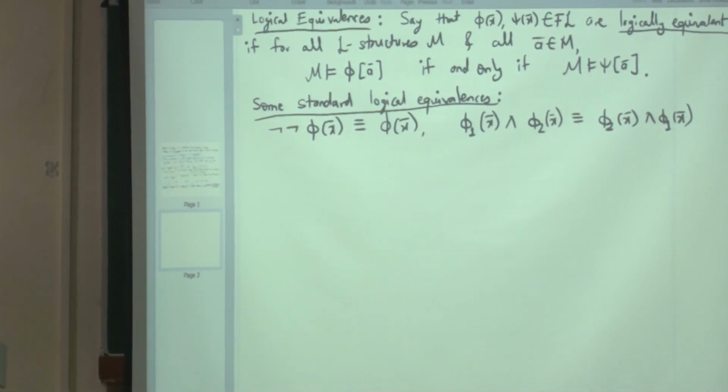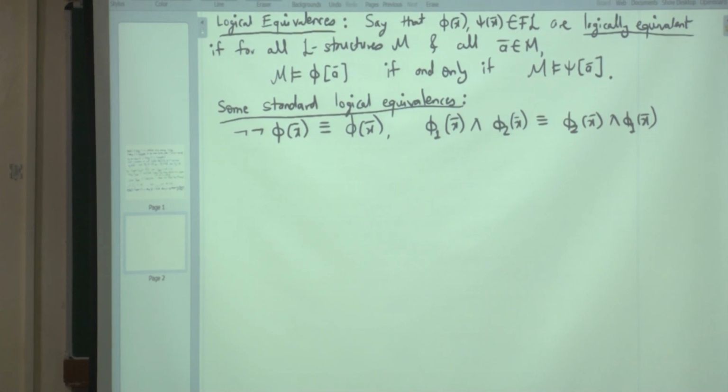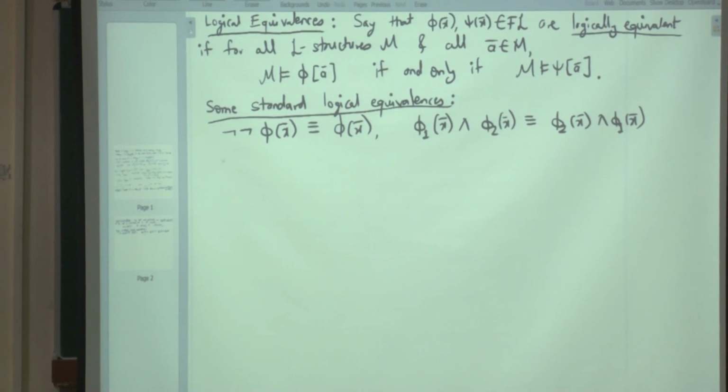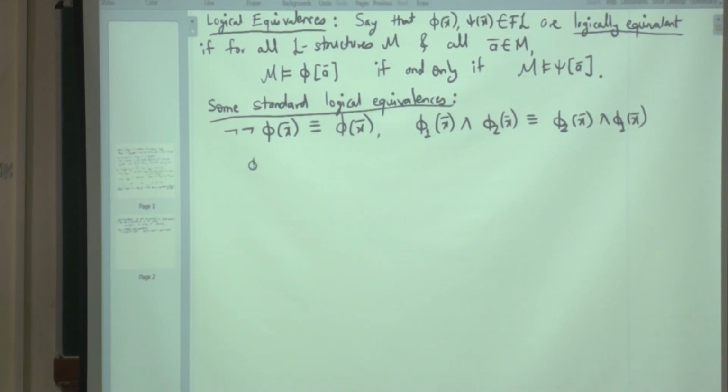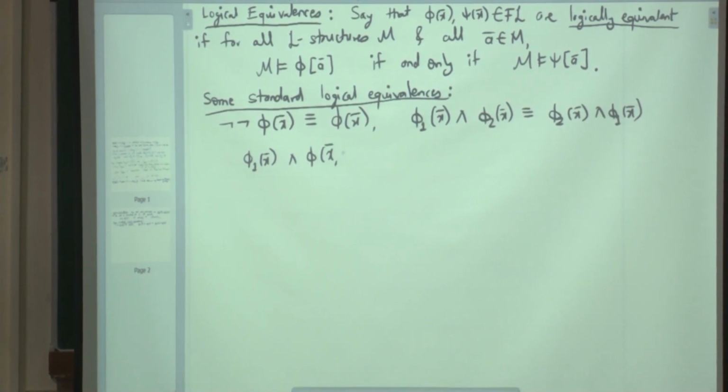But what I can do is add something new to the mix. So for example, suppose I am writing phi 1 x bar conjunction phi 2 x bar comma y, but that y I am replacing with a quantifier.